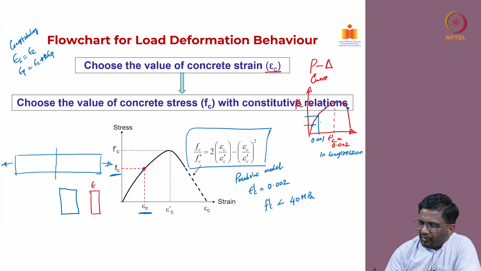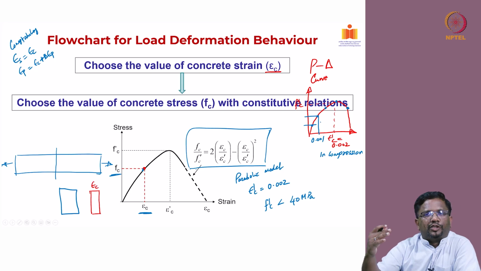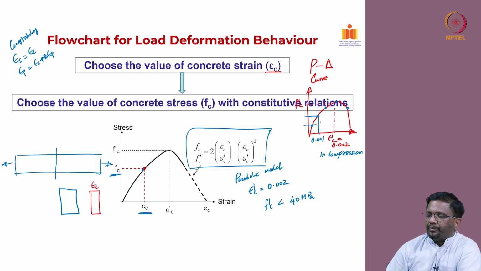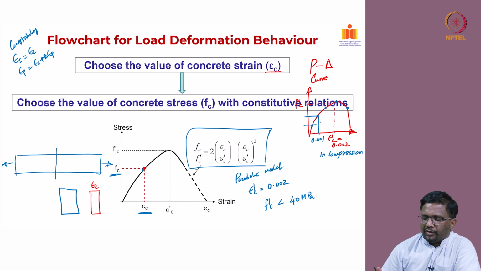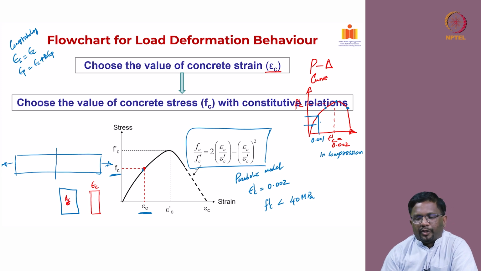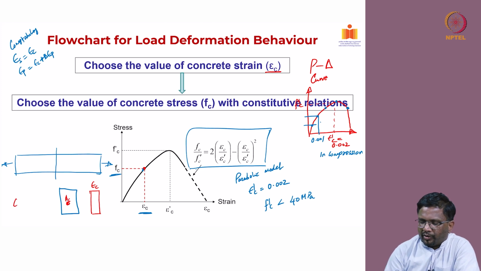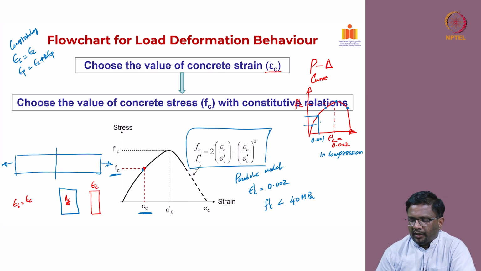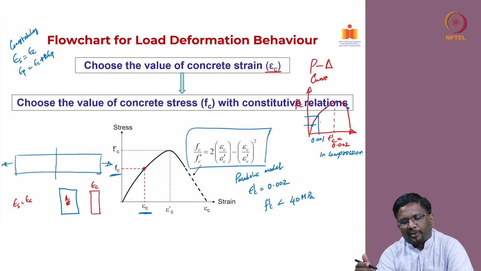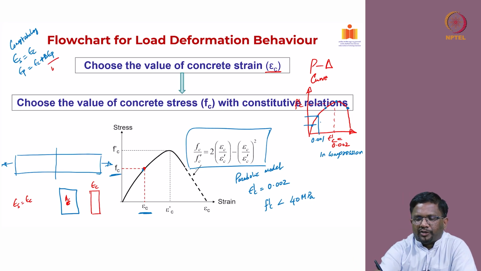This is epsilon, let us say epsilon c. The strain distribution across a cross section is going to be the same. Let us say this is a cross section with some steel, As. That means the strain in the steel, epsilon s, will be equal to epsilon c, which is what I am assuming. If you have a pre-stressing steel, then epsilon p will be equal to epsilon c plus delta epsilon p, and this is your initial strain that we already discussed.